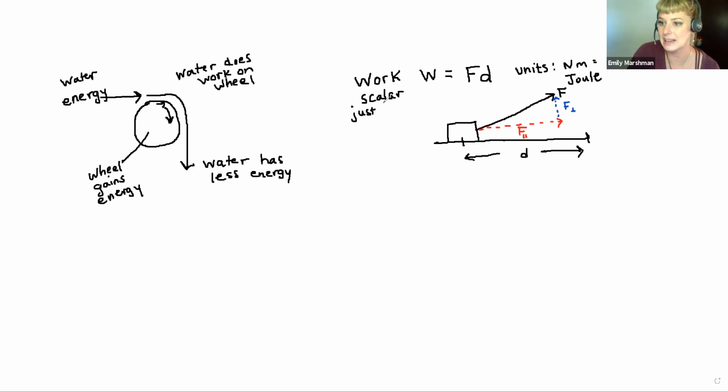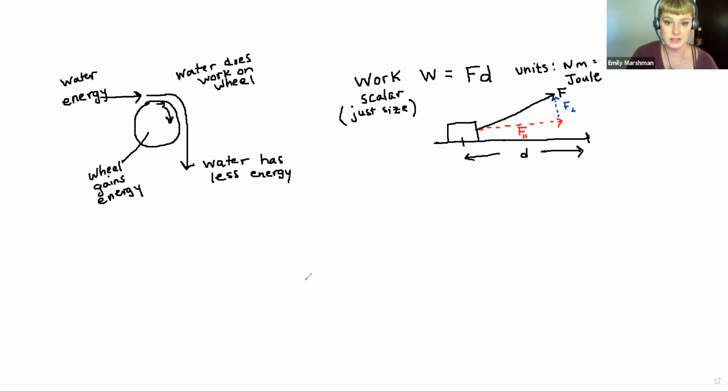Just size or magnitude. So that's how we define what we mean by work in physics.